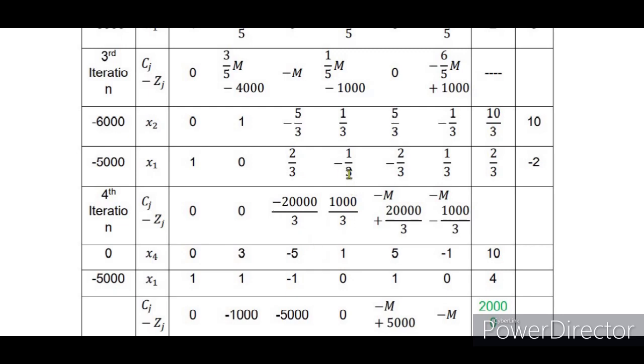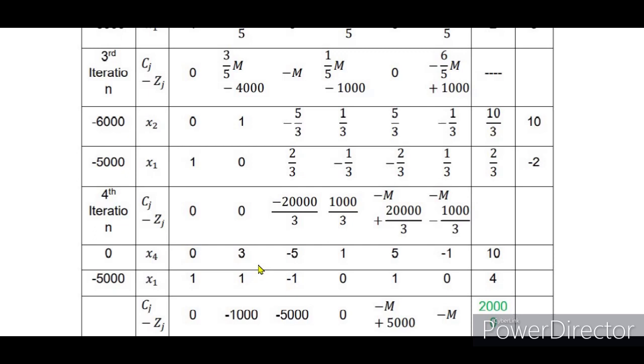So negative 1/3 minus negative 1/3 is equal to 0. Now we use negative 1/3 to multiply the values of the x sub 4 row. 0 times negative 1/3 is equal to 0, so 1 minus 0 is equal to 1.